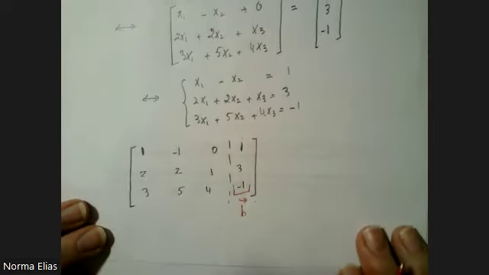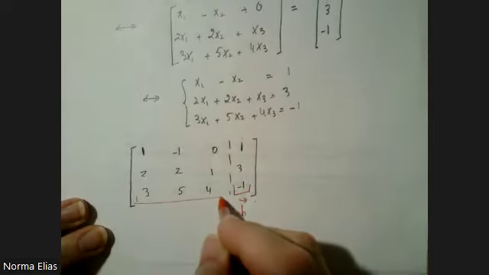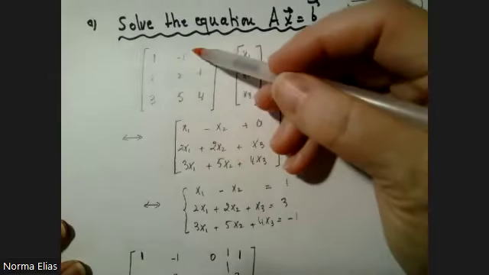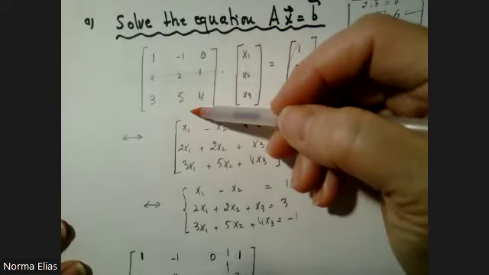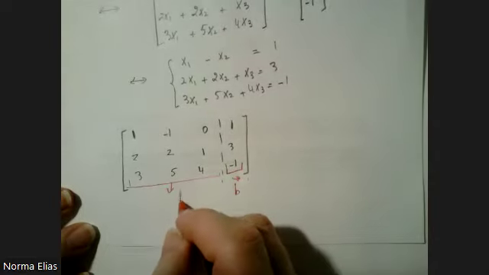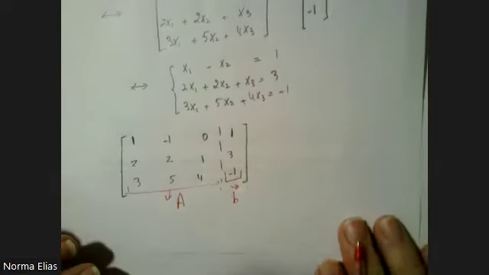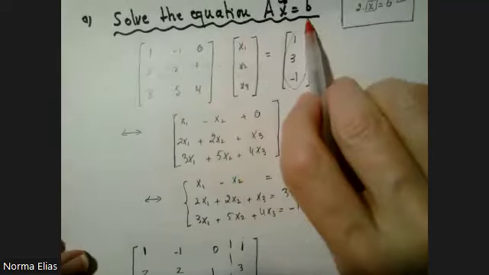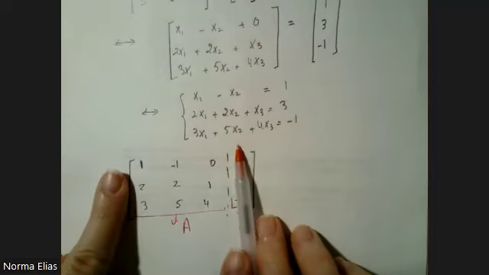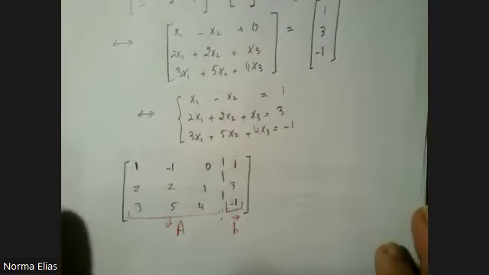That's the vector B. And this matrix here, the coefficients of x1 are the vector 1, 2, 3, the coefficients of x2 are this vector, the coefficients of x3 are that vector. So this is nothing more than the matrix A. So solving Ax equal B basically means solving the system where the augmented matrix is A B. A is the coefficient, B is the constant term.